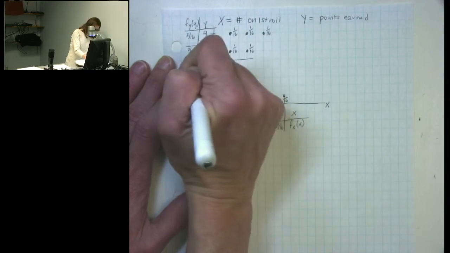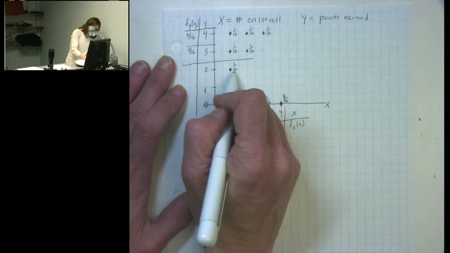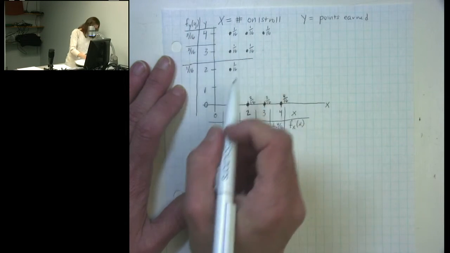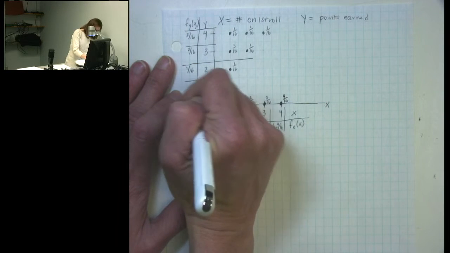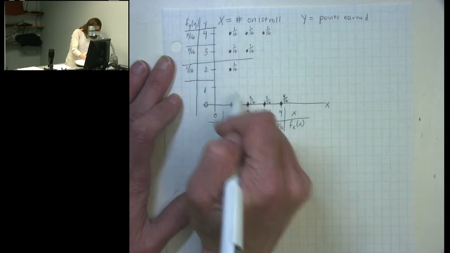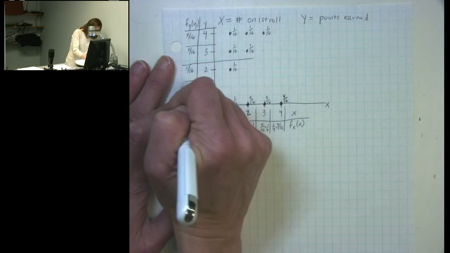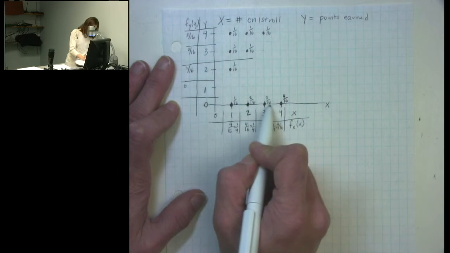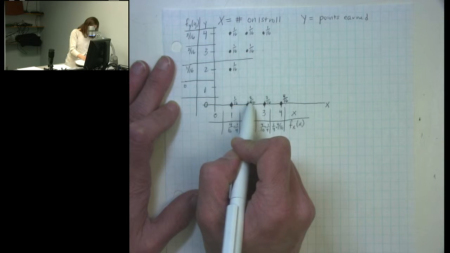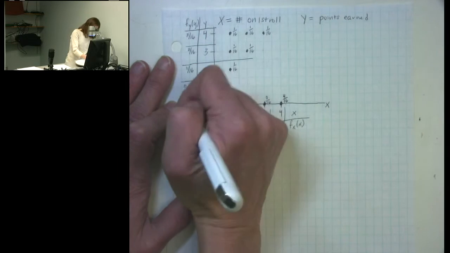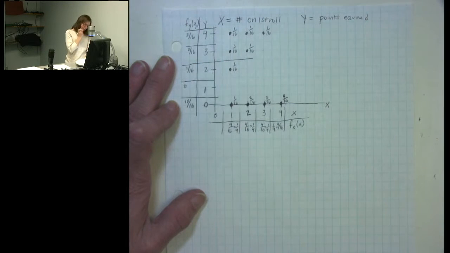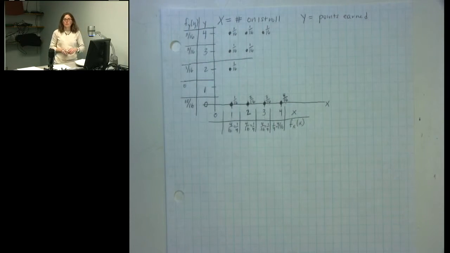Whoops, I didn't mean to draw that all the way through. 1/16 is the probability that y equals 2. And there's no chance of having 1, but a 4 plus 3 is 7, 10/16 chance that y will take on the value 0. So those are our marginal distributions of x and y.